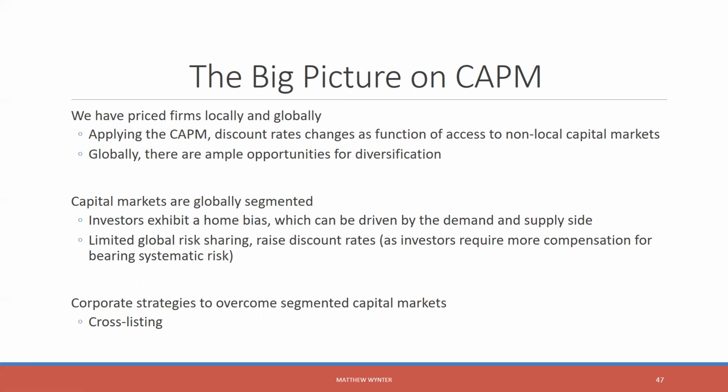Remember, we said this could be driven by information costs, familiarity bias, uncertainty aversion, and then also other factors like hedging local risk or consumption risk or patriotism, or lots of different things that can affect how we feel about holding foreign assets. And then also on the supply side, there are explicit limits on foreign investment.